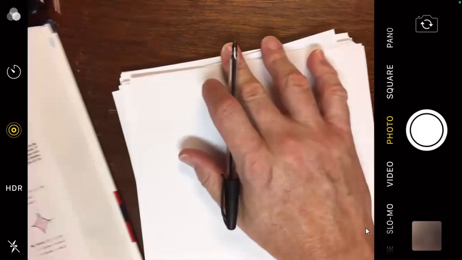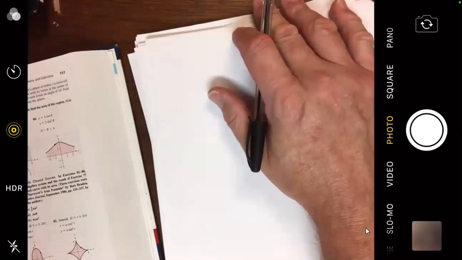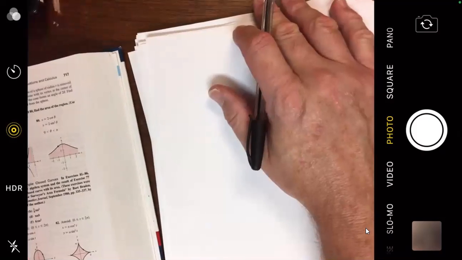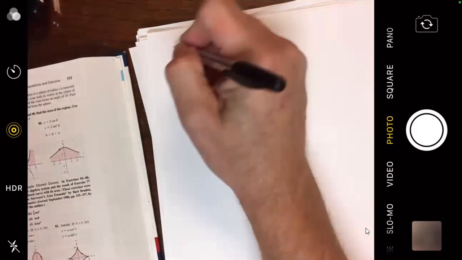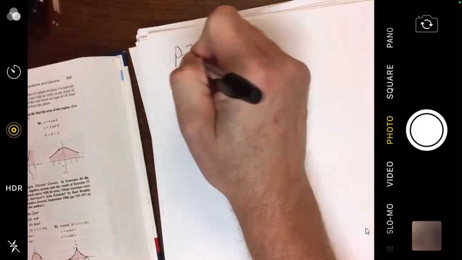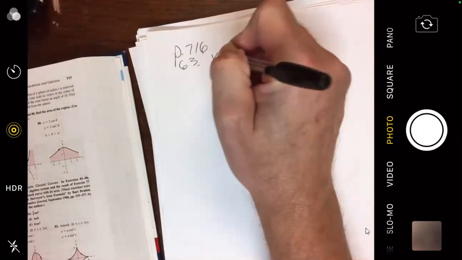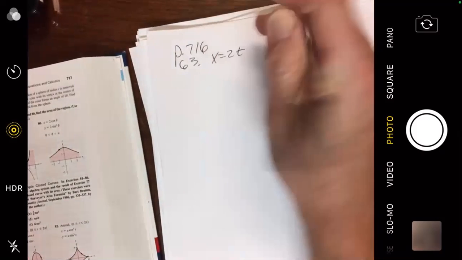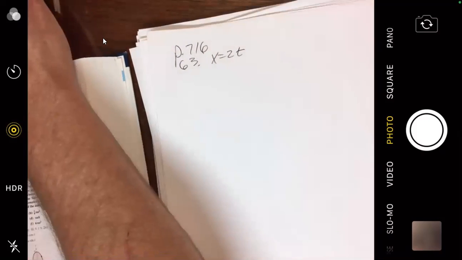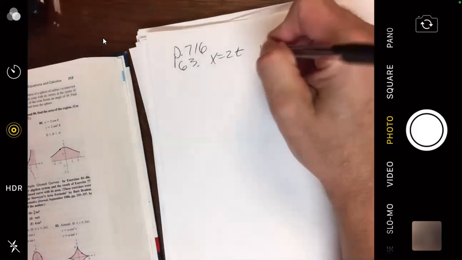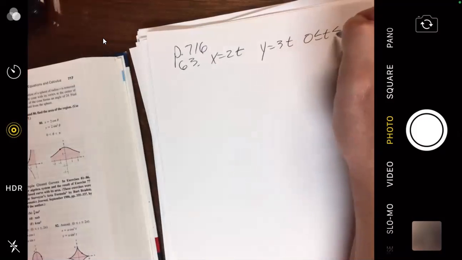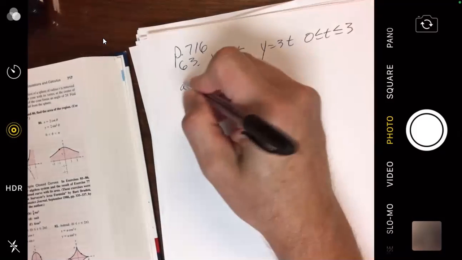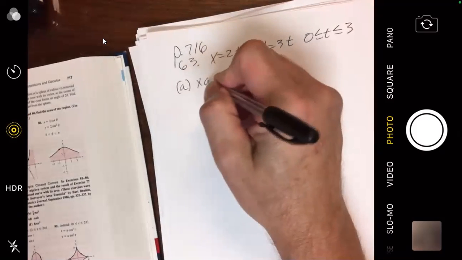Let's try 63. 63, x equals 2t. Anybody else come in? Y equals 3t, between 0 less than t less than or equal to 3. Let's do x-axis.